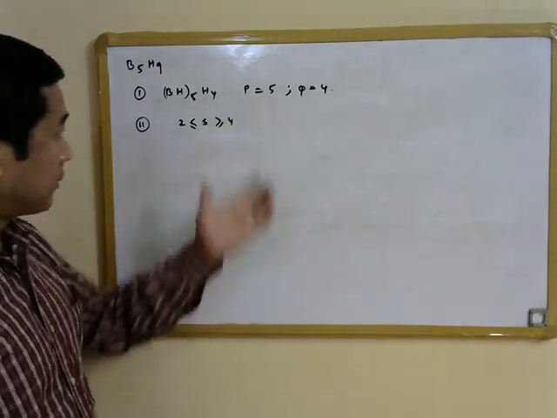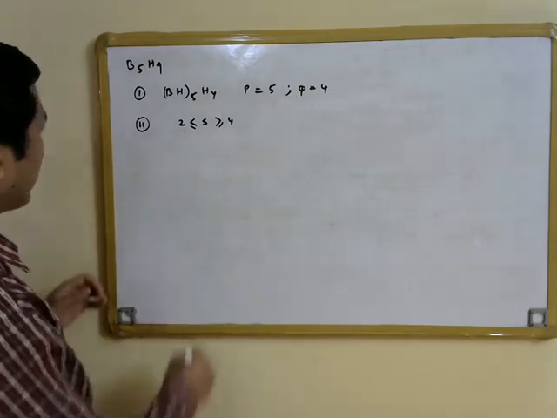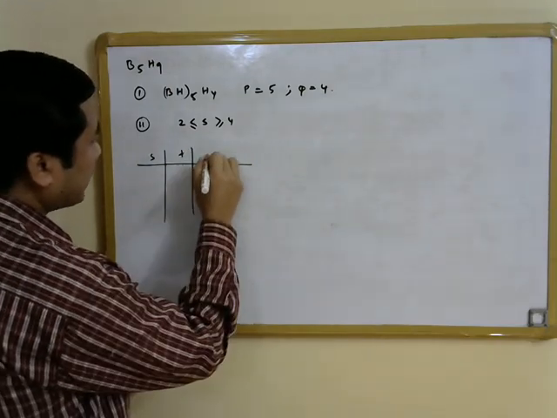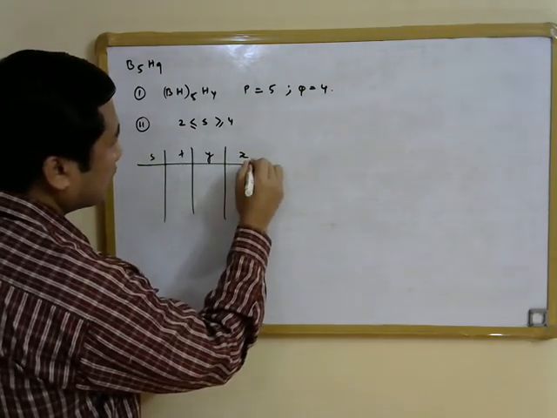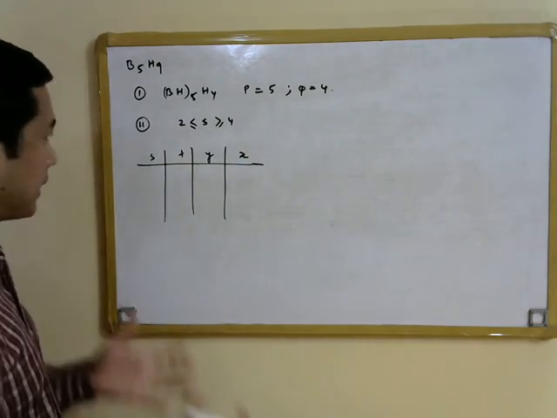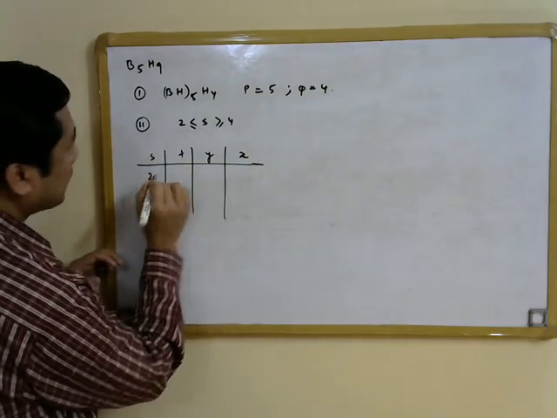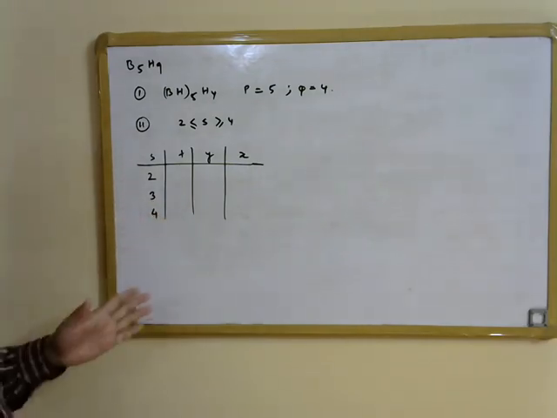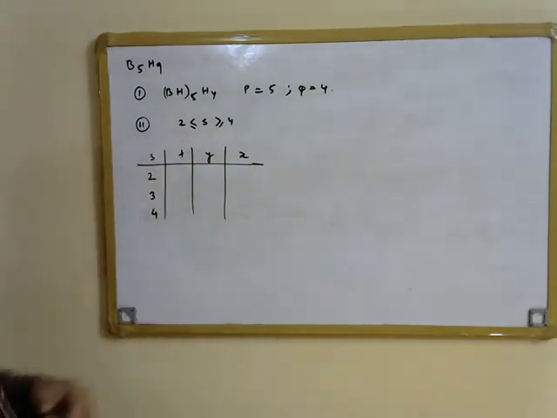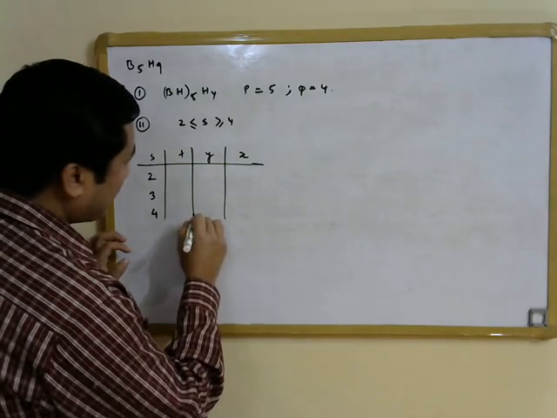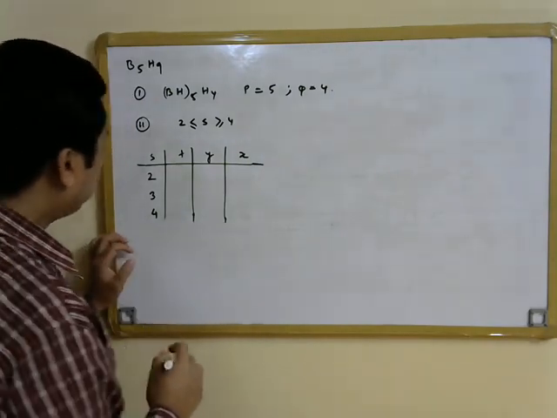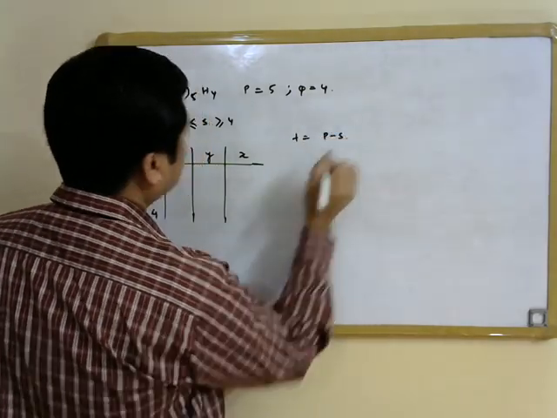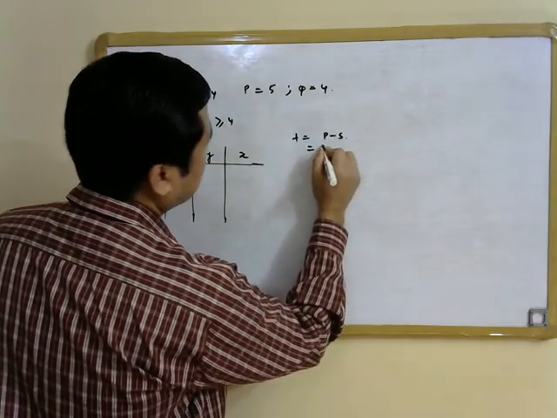From the value of Q we can write that, and then we can write different values of S and then try to deduce the corresponding values of T, Y and X. So the values of S which are possible are 2, 3 and 4. These three values of S are possible from this relation. And again, the value of T we can write from the expression T is equal to P minus S, and P is equal to 5.